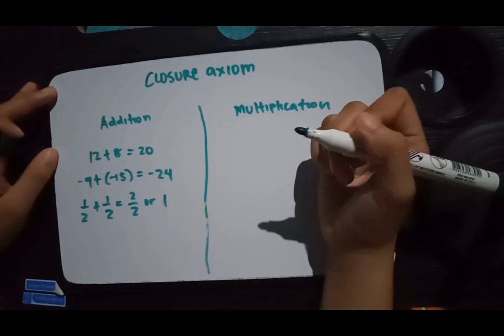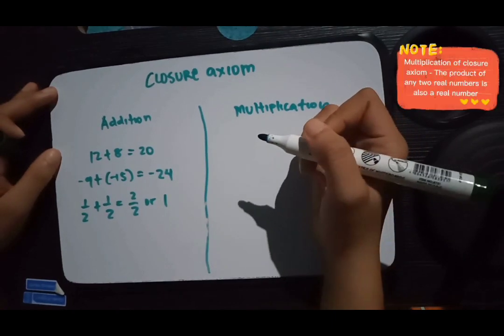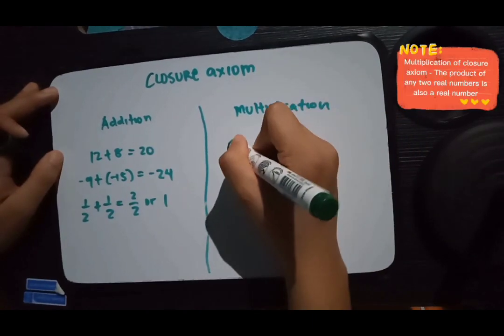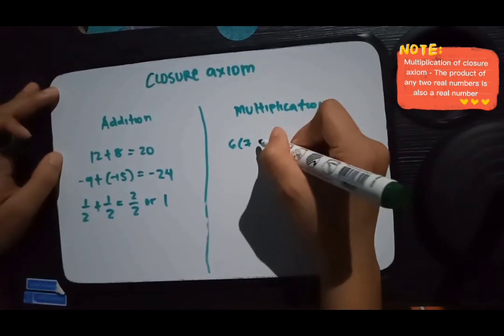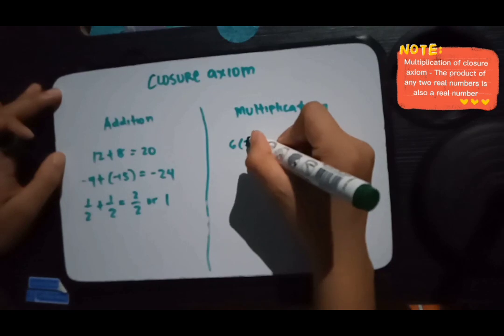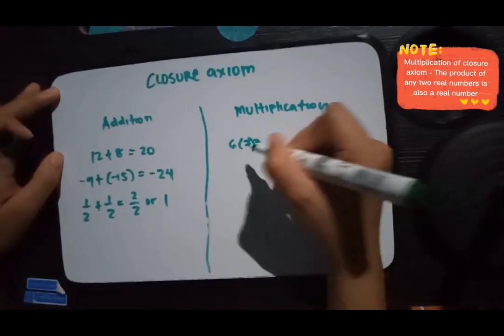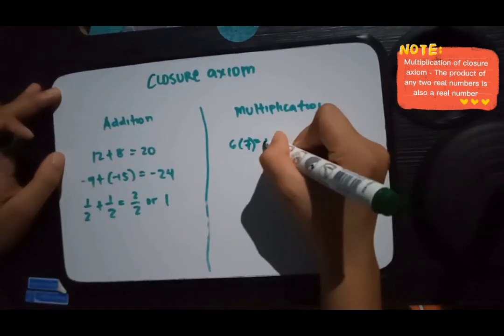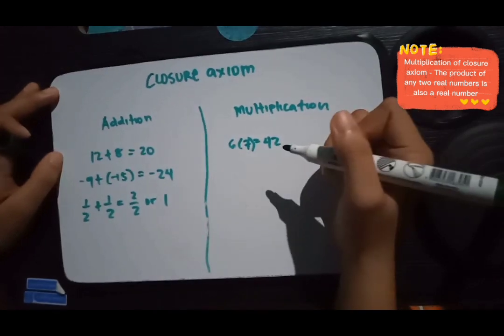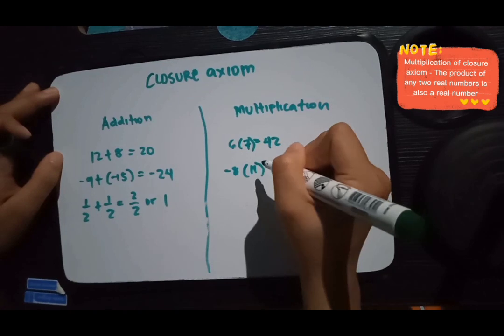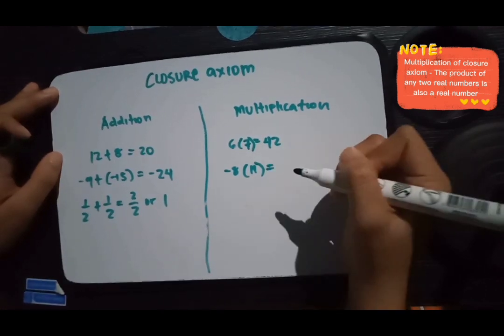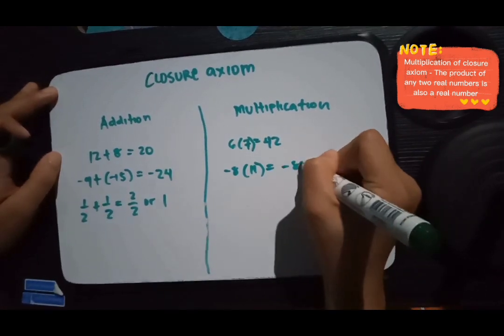In multiplication of the closure axiom, the product of any two real numbers is also a real number. For example, 6 times 7 is equal to 42. Another example, negative 8 times 11 is equal to negative 88.